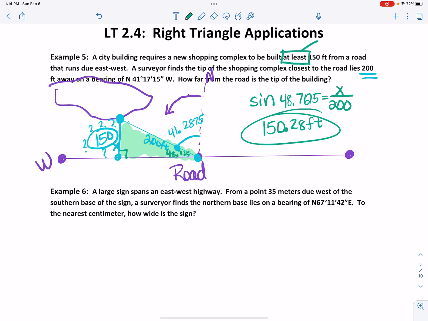I barely kept my job. I had to read that. If it's closer than 150, then we're in trouble. If that would have been like 149, but at 150.28, whew, I kept my job, okay? But as you're doing this, you're going to have computer programs that do the math for you, but you kind of have to understand the math going on or you're going to be in trouble, okay?